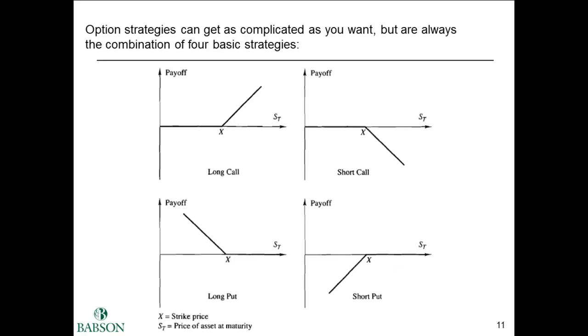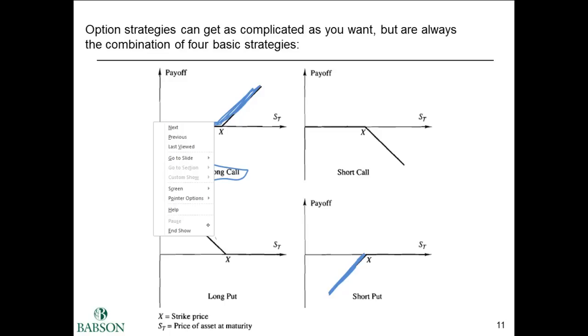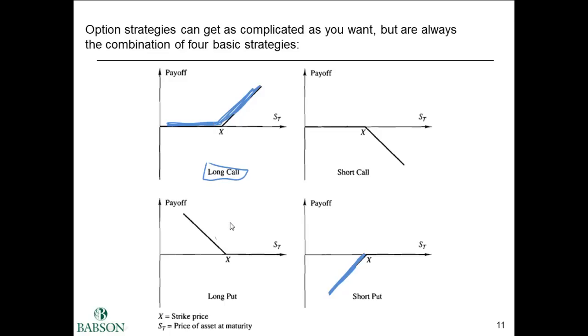So we already showed the hockey stick for a call option. Again, this is called a long call if you're buying it. And we also showed the hockey stick for a put option.